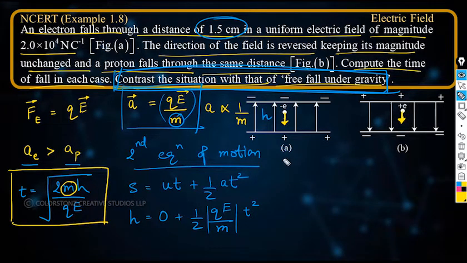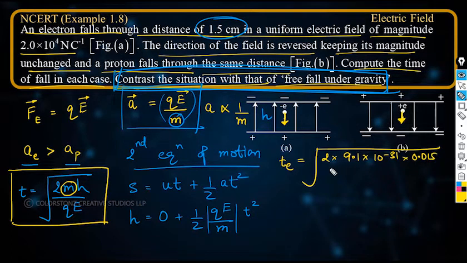For example, if I want to calculate for the electron, then the values will be like this: 2 times mass, which is 9.1 × 10^-31, h is 1.5 centimeters, which is 0.015 meters, upon charge, which is 1.6 × 10^-19, and electric field, which is given as 2 × 10^4.